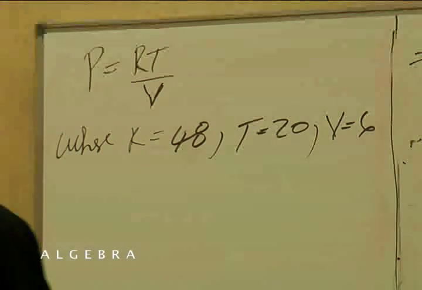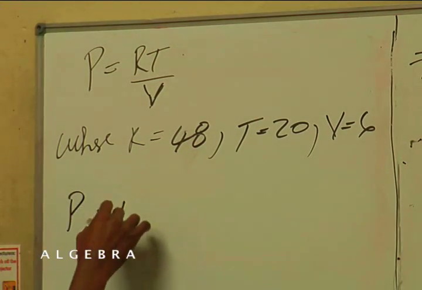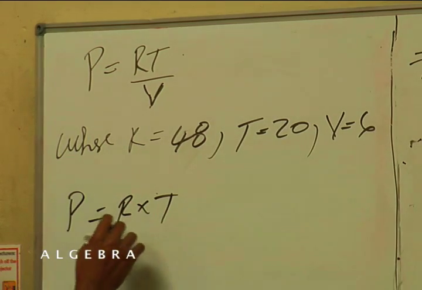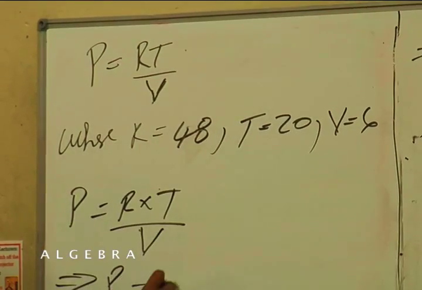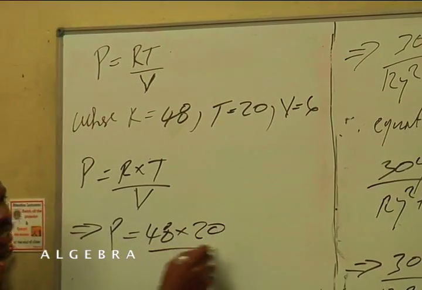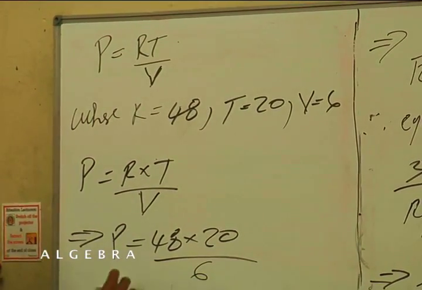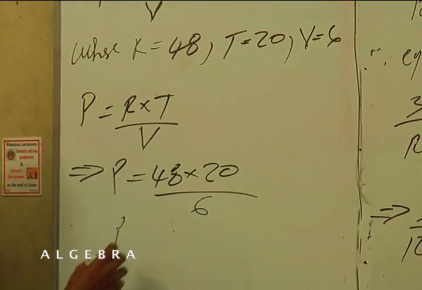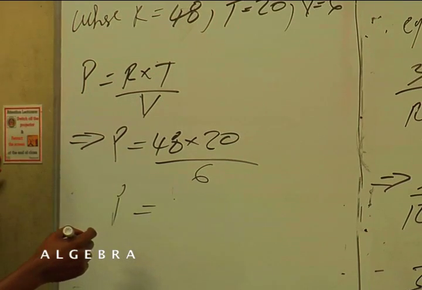All you have to do. What's the relationship? P equals R times T all over V. This implies P equals 48 times T 20 over V 6. Multiply, equal to 480 times 2.